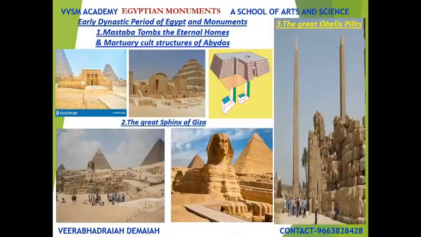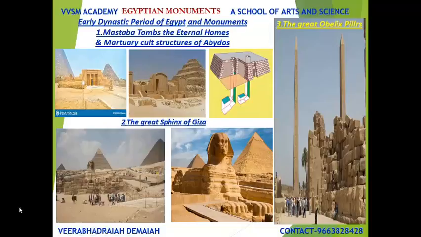Early dynastic period of Egypt and monuments. If you observe the slide carefully, the first one is mastaba tombs, which are considered the eternal homes of Egypt, and mortuary cult structures of Abydos.